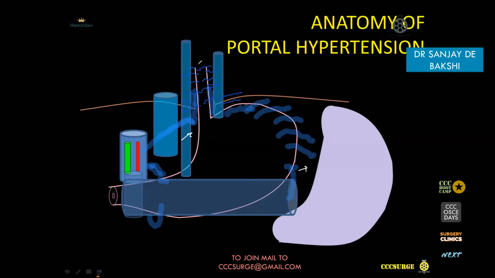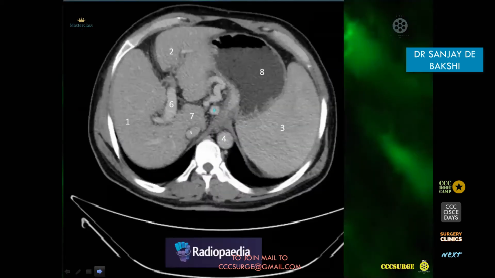And in trying to remember that, you remember that we went through a CT scan of the upper abdomen while we were doing this, isn't it? So I'm going to go back, because there's something I purposely didn't ask you at that point in time. I've shown you this CT scan, and I want you to tell me what is number one.